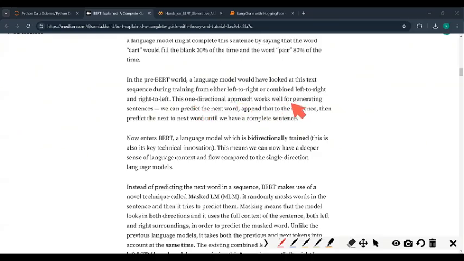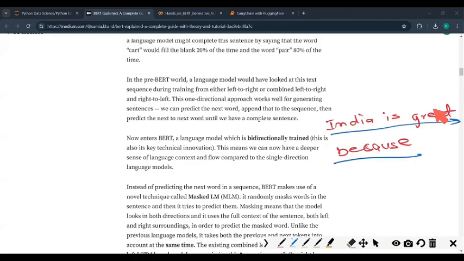They work very well for generating the next word. For generating sentences, we can predict the next word, append that to the sequence, then predict the next word, until we have a complete sentence. Suppose we have written the statement "India is great because". Now it has to fill in the rest. It looks at the statement from left to right and generates the next possible word.